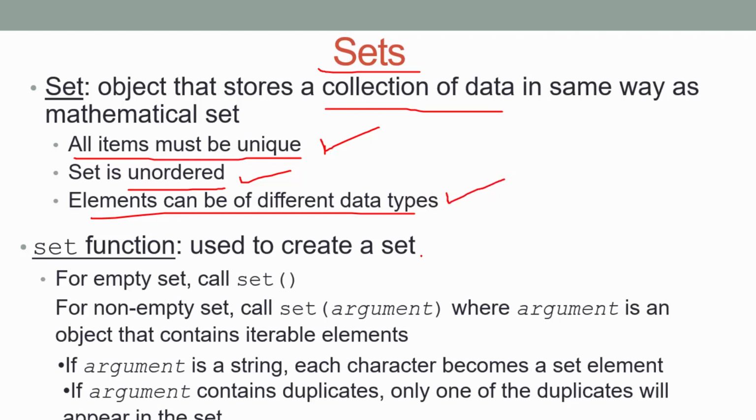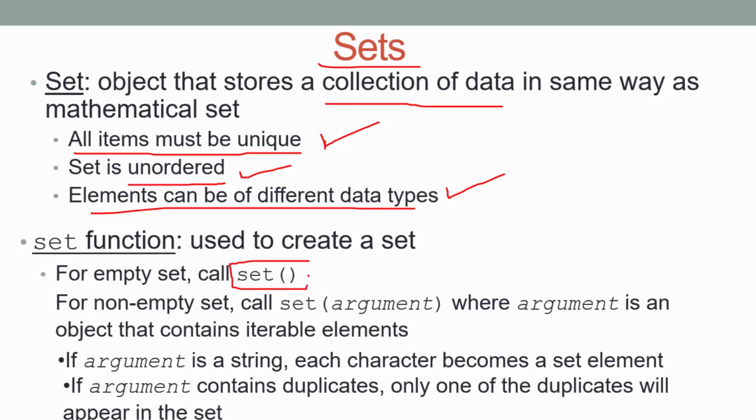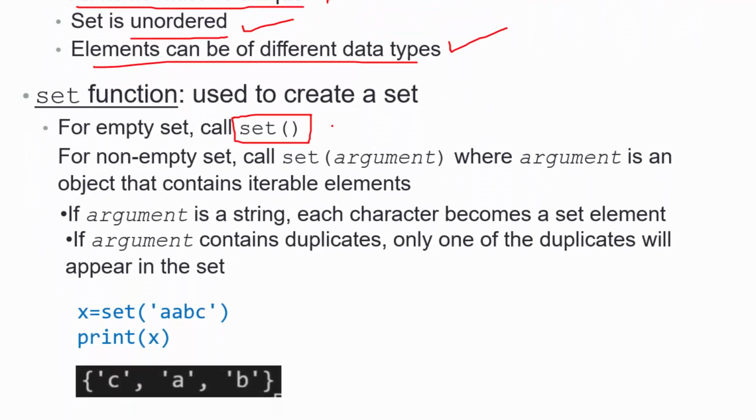So how to create a set? Very similar to other structures. You just call set, and this will create an empty set. Most of the time, 90% of the time, you will create sets from existing structures, like from a list or other things, or files.